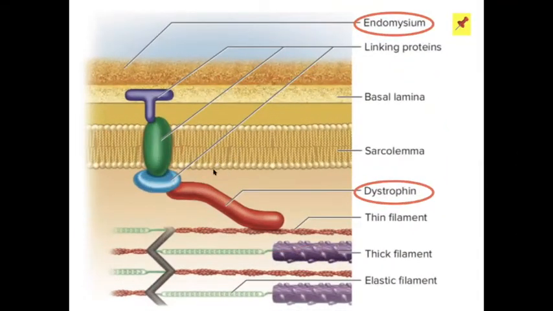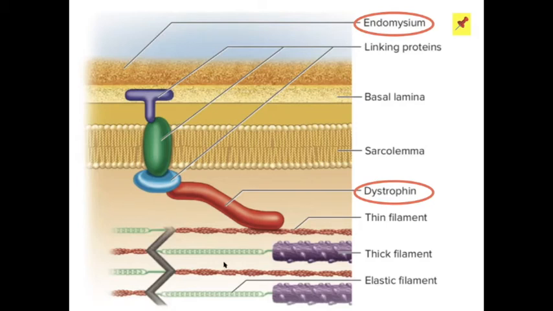So looking a little bit closer here, we see the endomysium along the side, the basal lamina, and inside the cell, we see the actual contractile proteins, the thick and thin filaments that we're going to talk about later. These filaments are connected to each other and to other proteins which ultimately link up through the cell membrane into the basal lamina, which is interlinked with the endomysium.